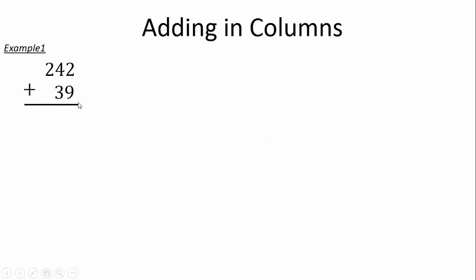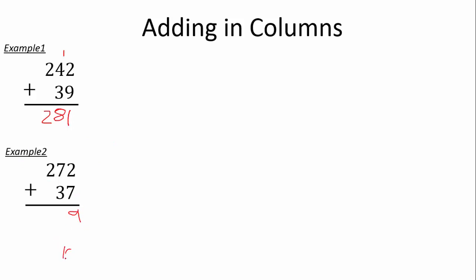What's 2 plus 9? So 242 plus 39. 2 plus 9 we know is 11. So we put the 1 there, and we carry 1. So 1 plus 4 is 5, plus another 3 is 8, plus 2 is 2. Okay, now let's look at example 2. We have 272 plus 37. So we know we can say 2 plus 7 is equal to 9. 7 plus 3 is equal to 10, right?